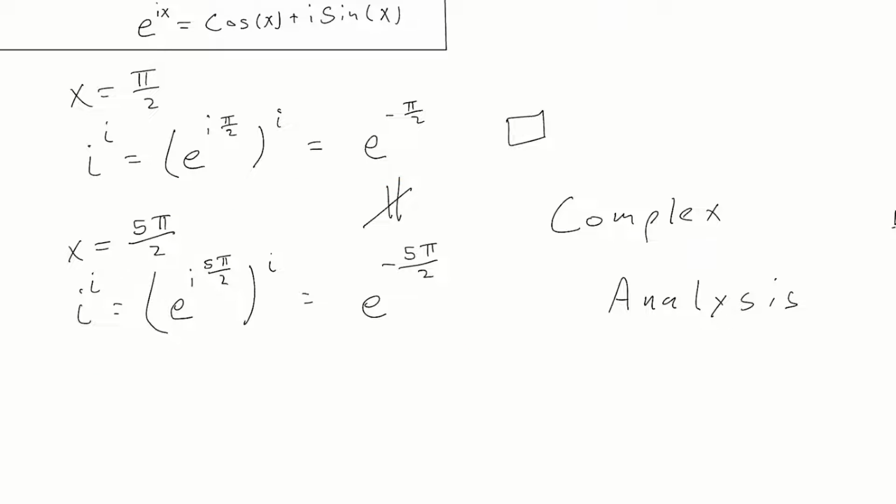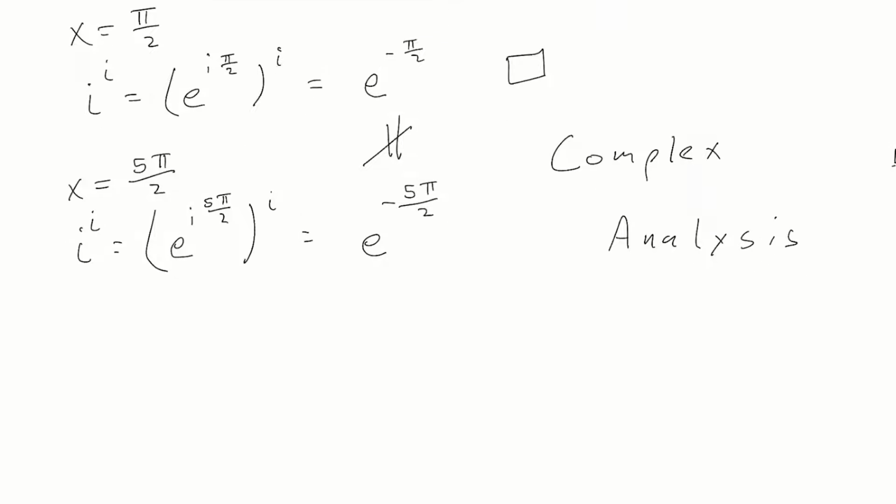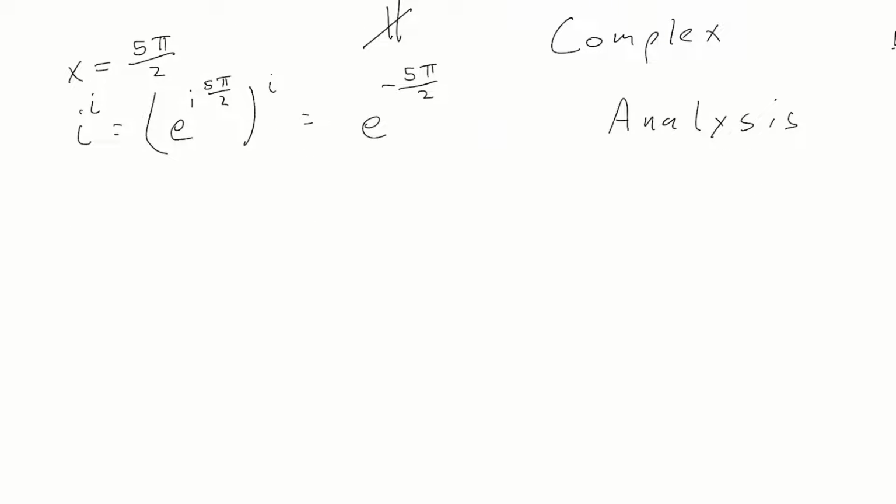Now I'll skip a few details here. When you exponentiate by a complex value, you implicitly need to define something called the complex logarithm. So what is log of z, where z is some complex number? Well, it turns out that there's no nice way to define it for all z.